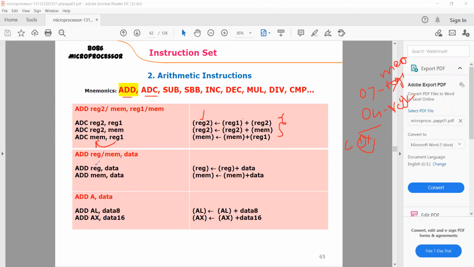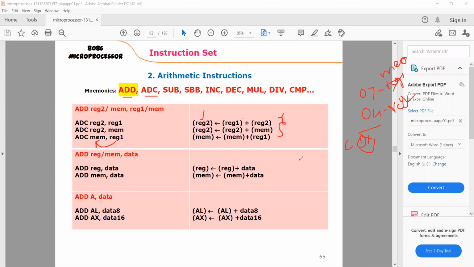This instruction represents that the immediate data will get added to the data that is present in the register, and the result will be stored in the register itself. That data might be either 8-bit data or 16-bit data.